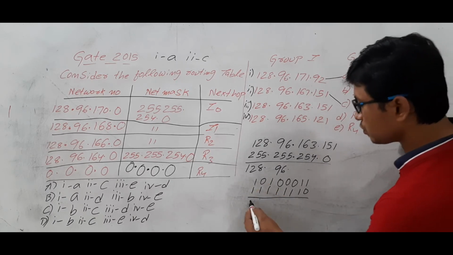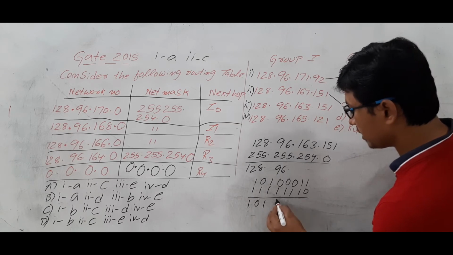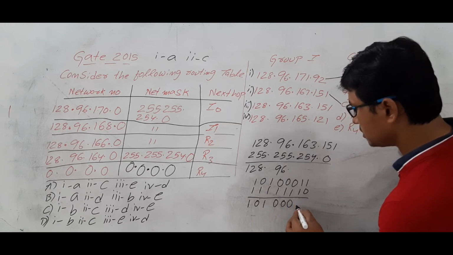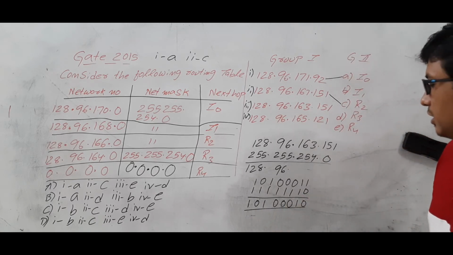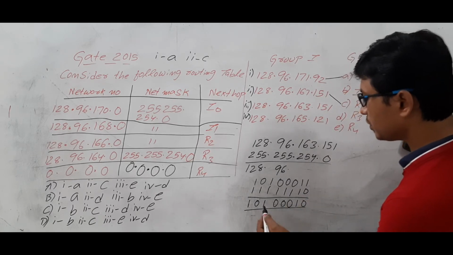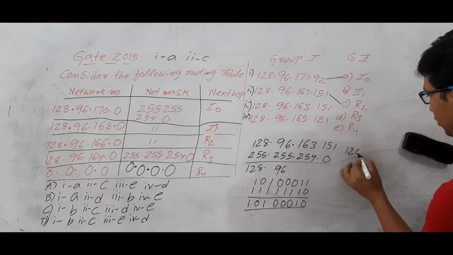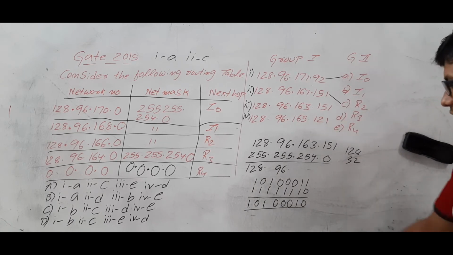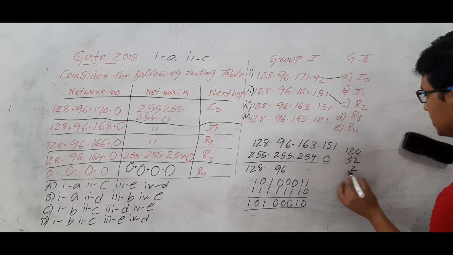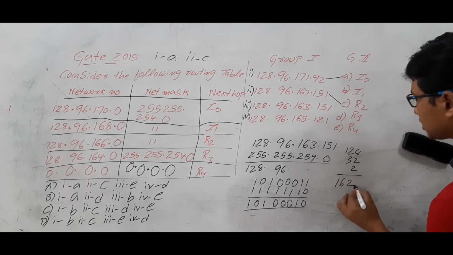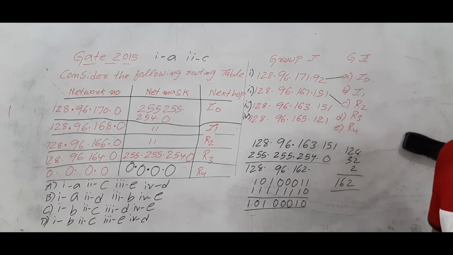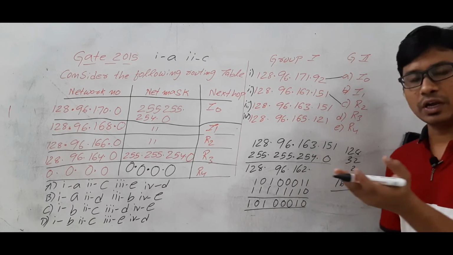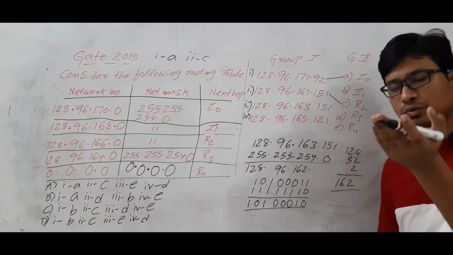1 and 1 is 1, 0, 1, 0, 0, 0, 1, 0. Am I right or wrong? Can you tell me what this number is? 128 plus 32. If you want, I will do it for you. 128 plus 32 plus 2 is equal to 162. So write 162 here. And 151 and 0: if you convert 0 into an 8-bit binary number, you will get all zeros.